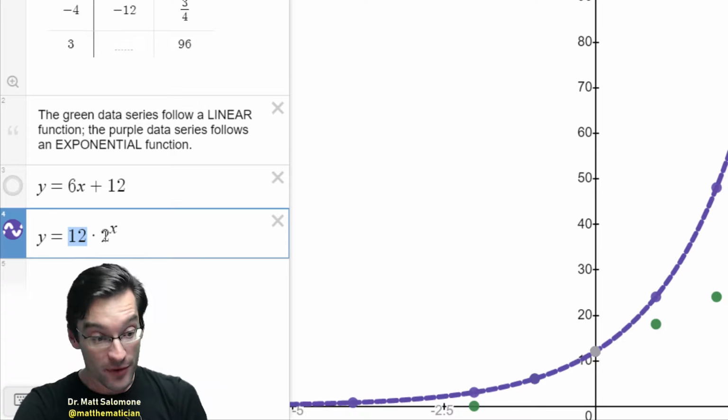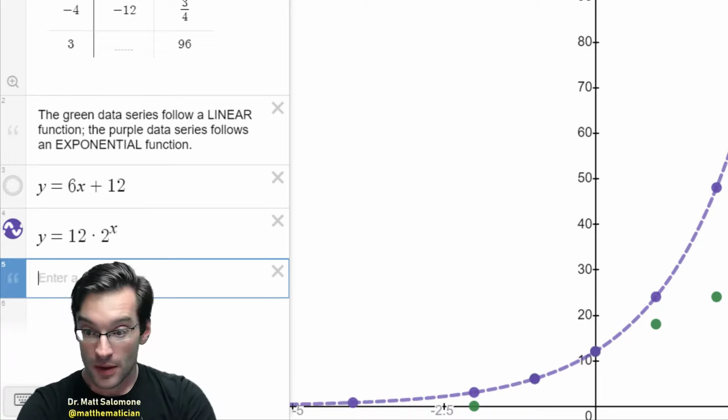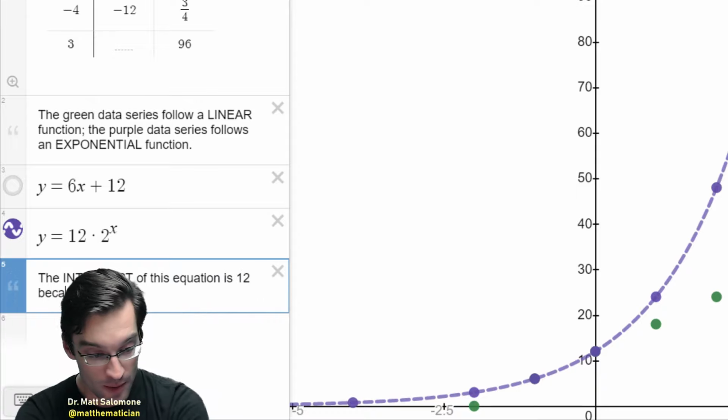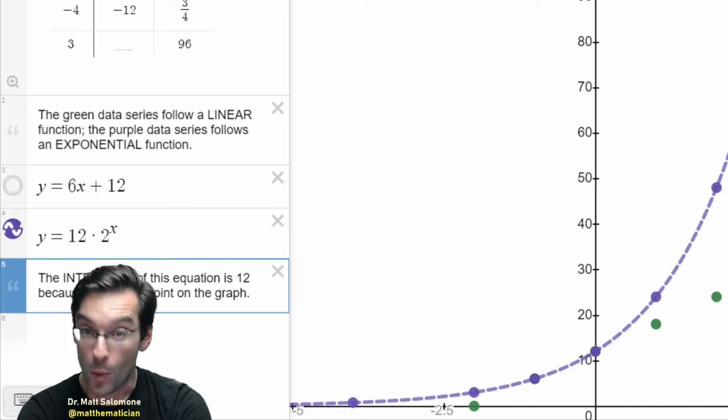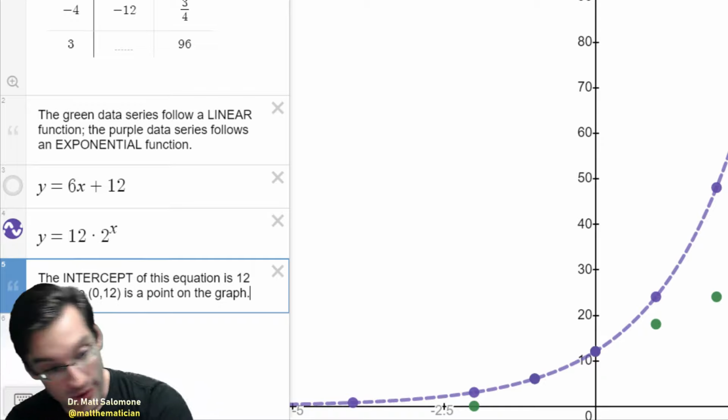Right? So here is what I would call a base-intercept equation for this exponential relationship. And just to drive my point home here, the intercept of this equation is 12 because 0, 12 is a point on the graph, right? The y-intercept of this graph behind my head is the point 0, 12.